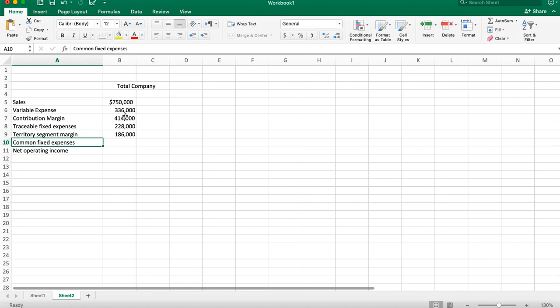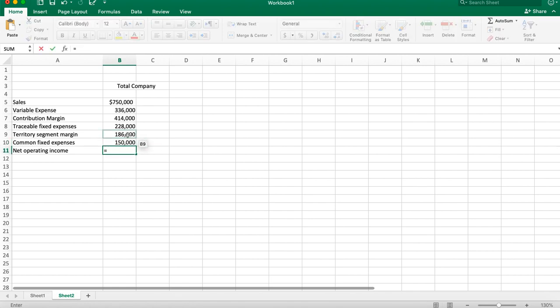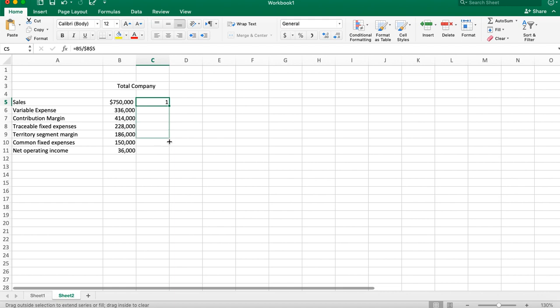And then we have our common fixed expenses, which are simply the rest of our fixed expenses that couldn't be traced to a division, and that gives us the operating income, which was given previously, of $36,000. So we're going to use sales as our percentage that we're looking at, and so we're going to divide all these numbers by the sales expense, and that's going to help us analyze our numbers.